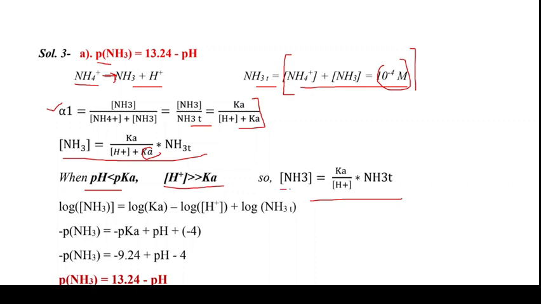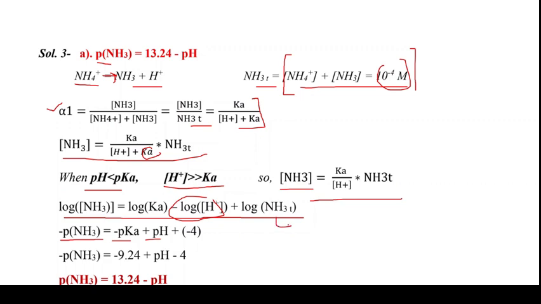Now just taking log on both sides: log NH3 is equal to log Ka minus log H plus plus log NH3 total. How can log NH3 be written? Minus pNH4, this is pKa. This can be written as pH, and NH3 total is given as 10 raised to power minus 4.